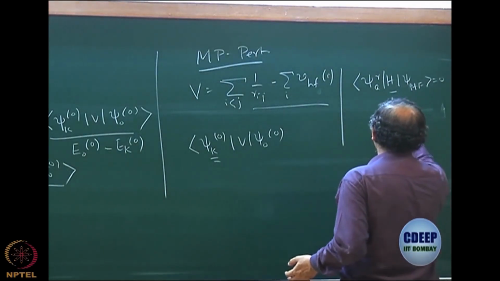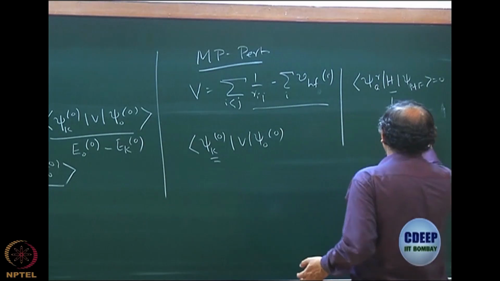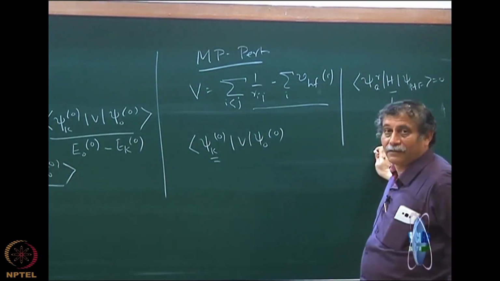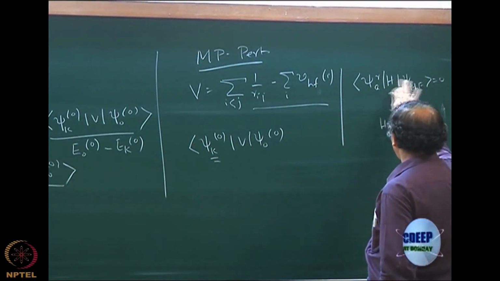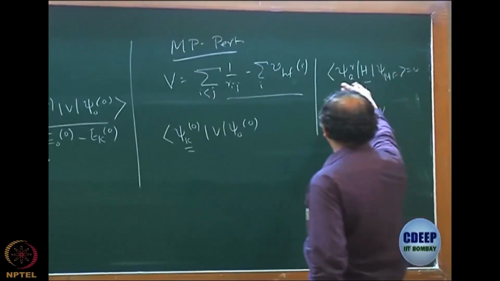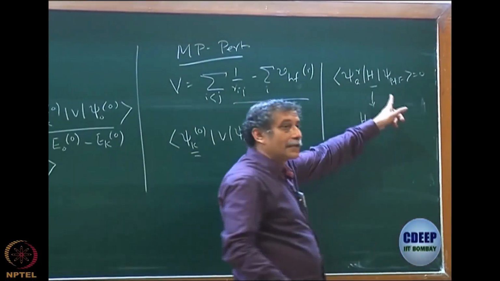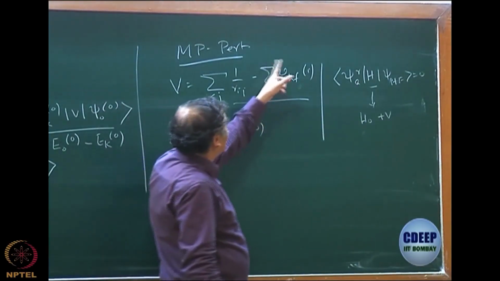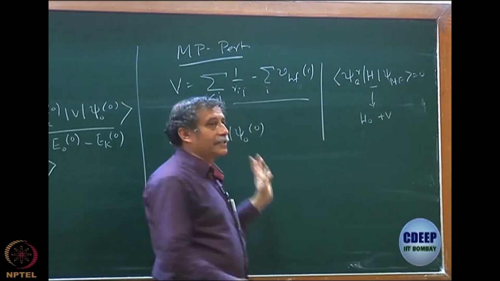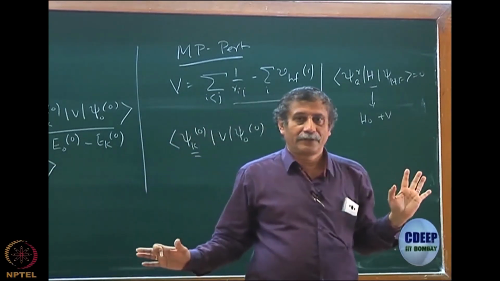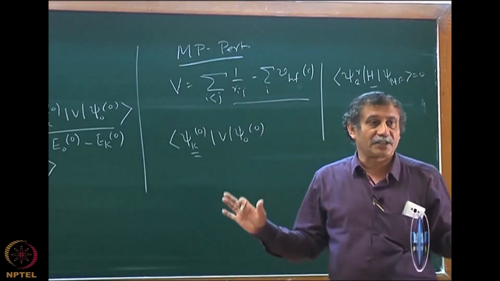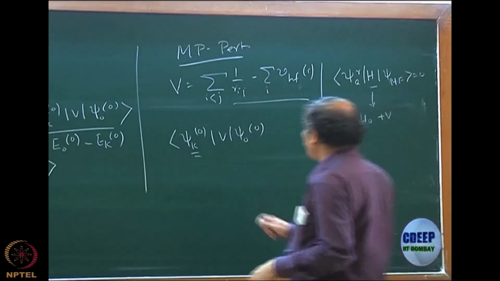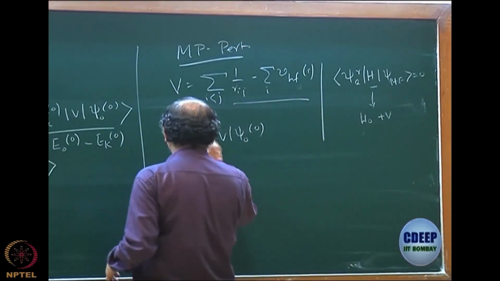I can write H as H naught plus V. H naught is the sum of the Fock operators, and the Hartree-Fock determinant is an eigenfunction of it. So this is 0, so with V itself it should be 0. We have actually shown by elaborate calculation by Slater rules that they cancel each other. Each of them survives, but they cancel each other. So that is the reason this is only a doubly excited determinant.